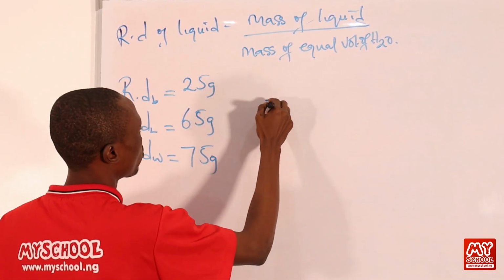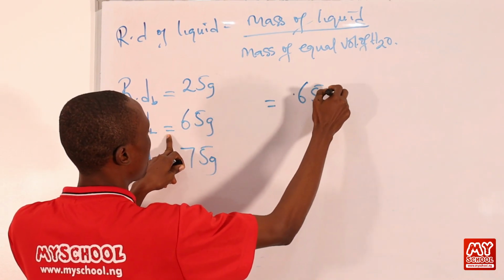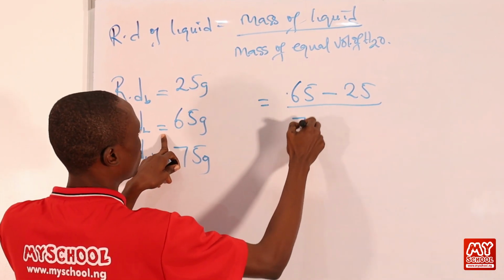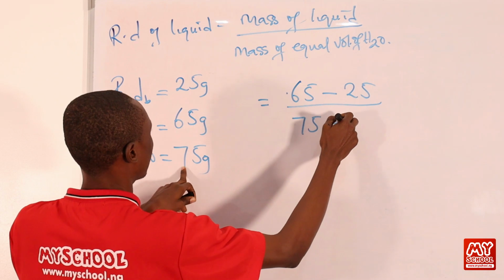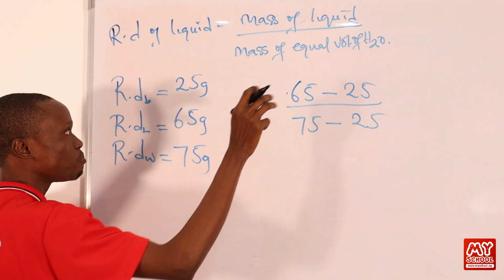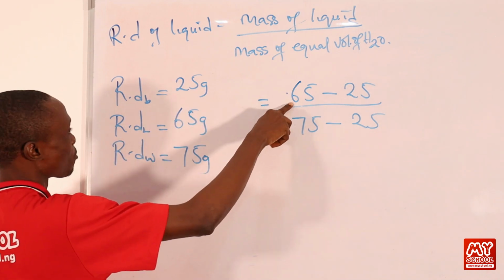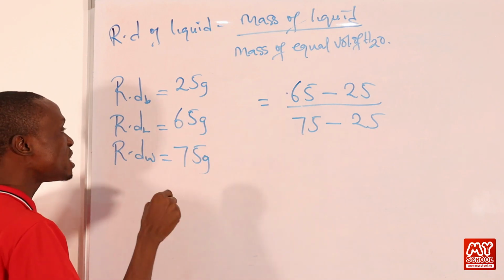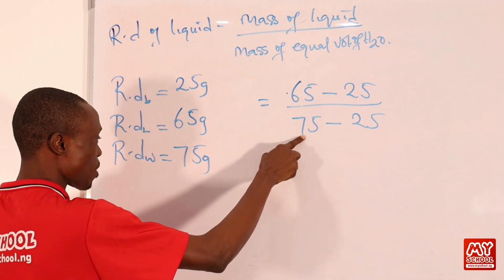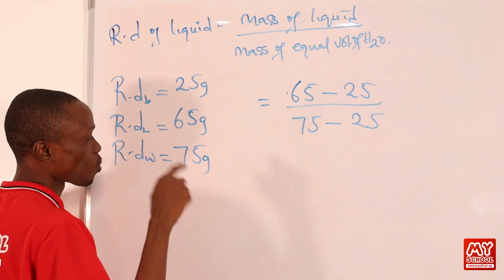From the information given to us, we can calculate the relative density of the liquid. This will be equal to 65 minus 25 over 75 minus 25. The 25 here represents the empty relative density bottle, while the 65 represents the mass of the relative density bottle when it is filled with liquid, and the 75 represents the mass of the relative density bottle plus water.